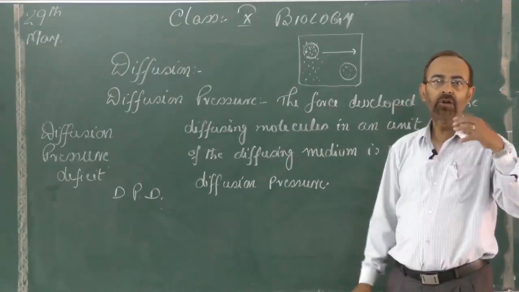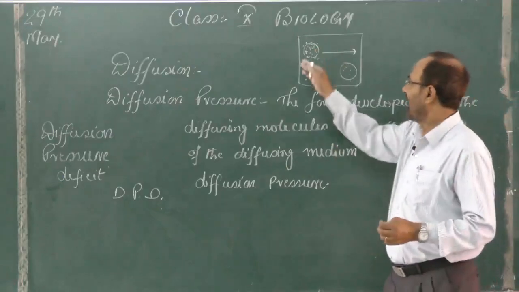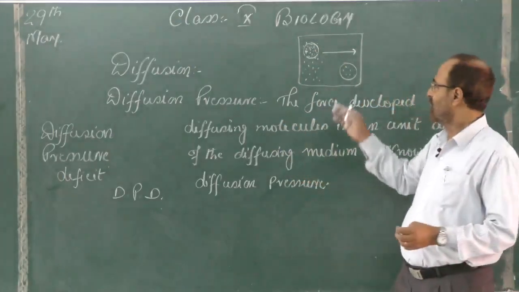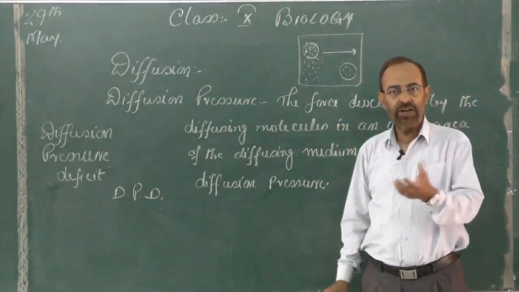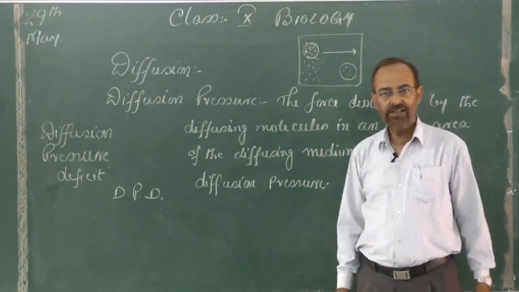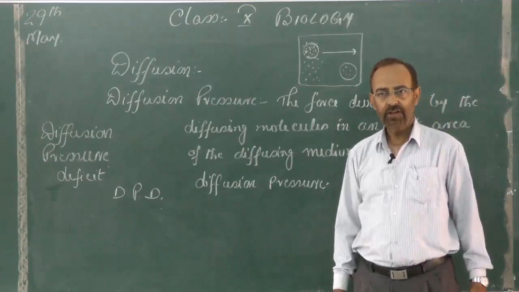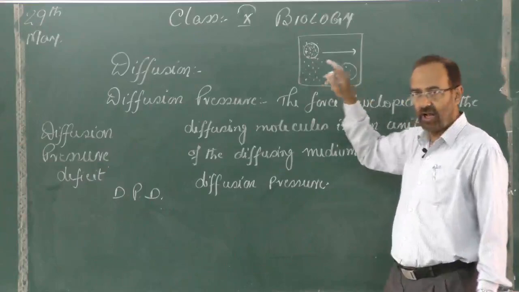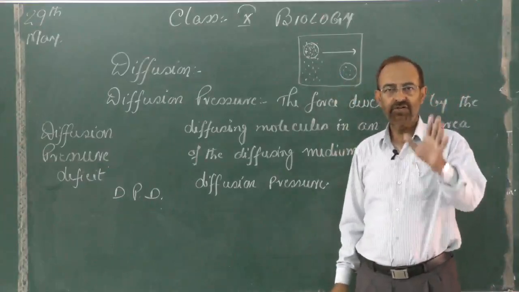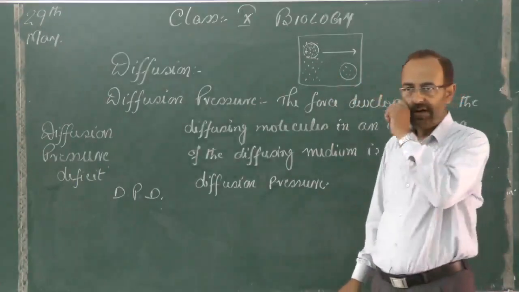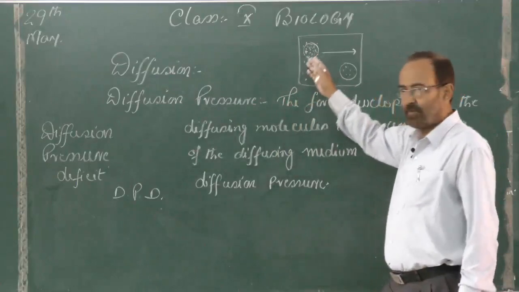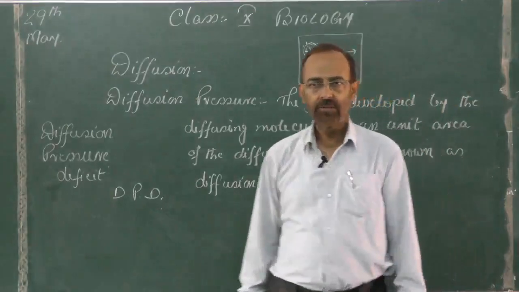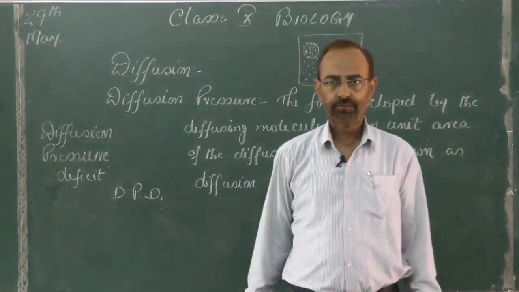So if the number of molecules is more in a given area, the diffusion pressure will be more in that area, and if the diffusing particles are less in one area, the diffusion pressure will be less in that area. Clear? Now the difference in the diffusion pressure between these two areas is known as diffusion pressure deficit. Clear? Difference in the diffusion pressure between these two areas is known as diffusion pressure deficit.